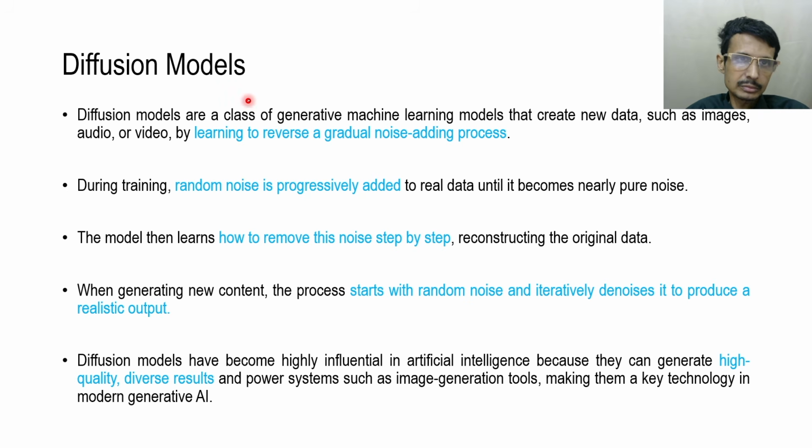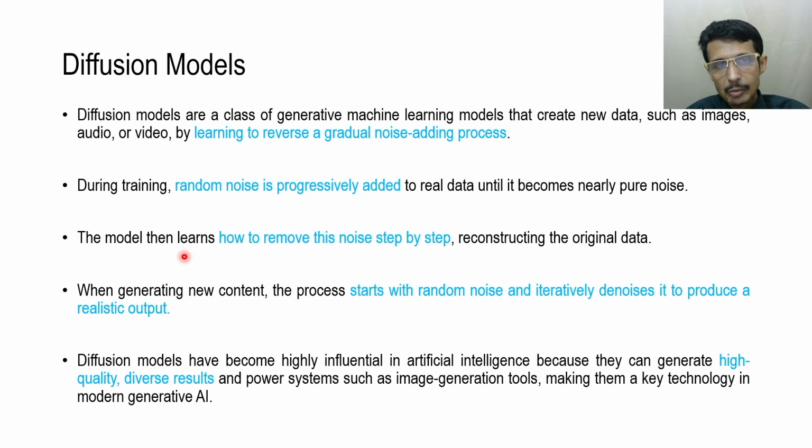One of the major models is the diffusion model. What are diffusion models? It is a class of generative machine learning models that create new data such as image, audio, or video by learning a reverse gradual noise process. That is very interesting. What do you mean by reverse gradual? There are two parts: the forward pass and the backward pass. During training, random noise is progressively added until the data becomes nearly pure noise.